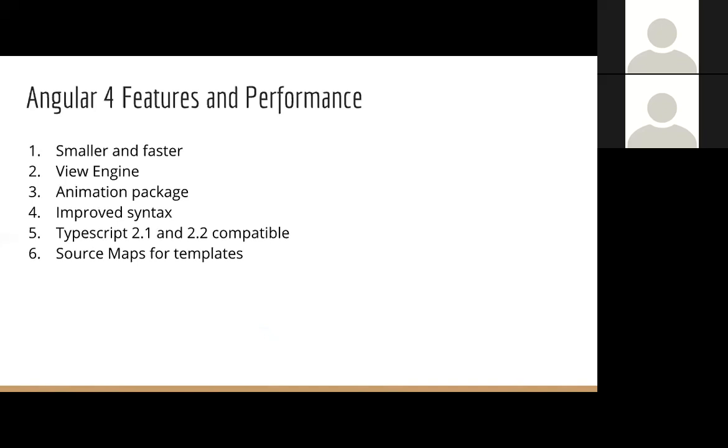So with TypeScript, we'll get more features which you can use. Source map for template. When you're debugging, you want to know exactly which file and which line has the code. The source map tells you exactly where that happens and lets you trace it. These are the things. There will be more things which we can explore later.